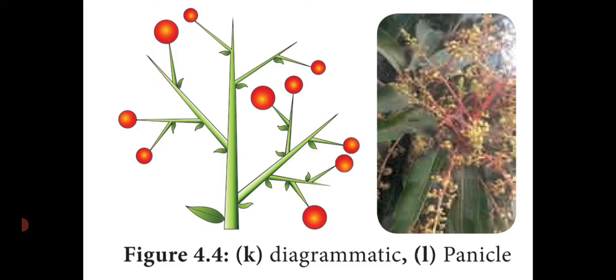The main axis again shows many branches in the lateral position. The branches are also arranged in acropetal succession, and the main axis is also arranged in acropetal succession. Example, Mangifera indica, that is the mango tree.